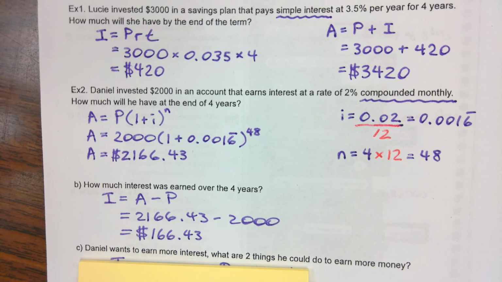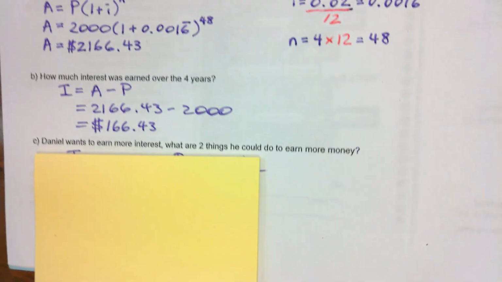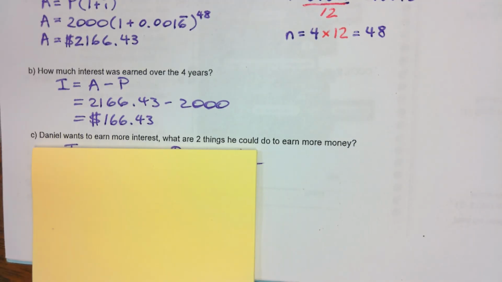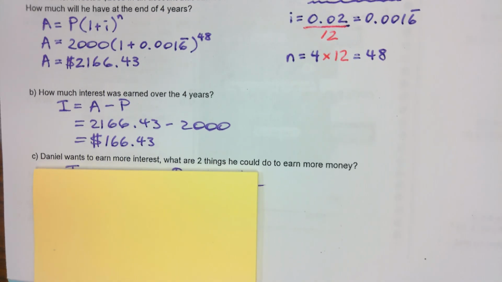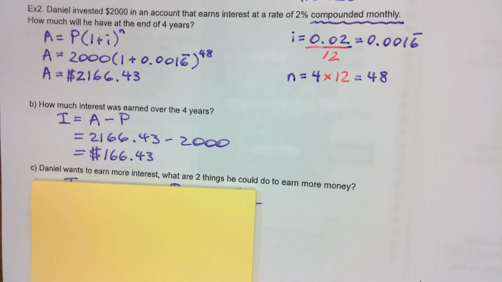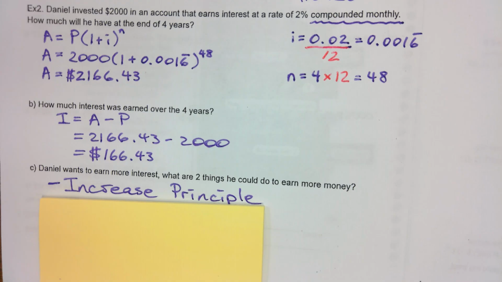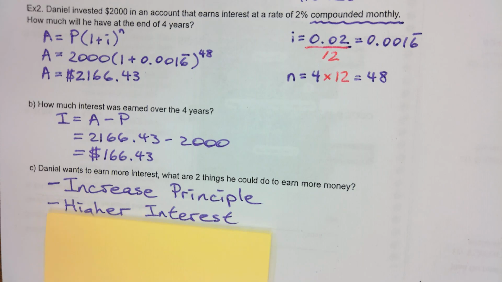Okay, so those of you who said $166 is bad money, what are a couple of ways that we could make more? What's one way to make more money? Put more money. So increase the principal. What's another way? Longer term. Good. One more. Put it in a different type of savings, because you get a higher rate.